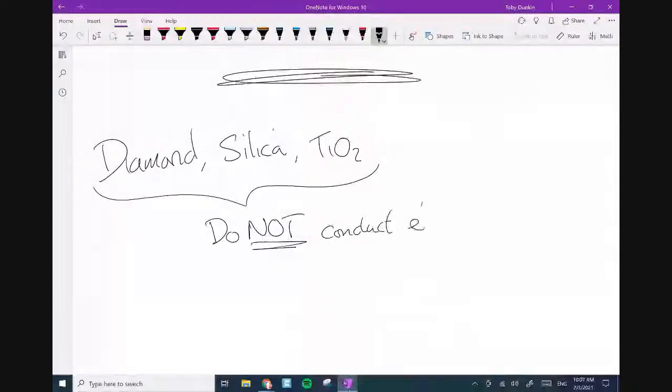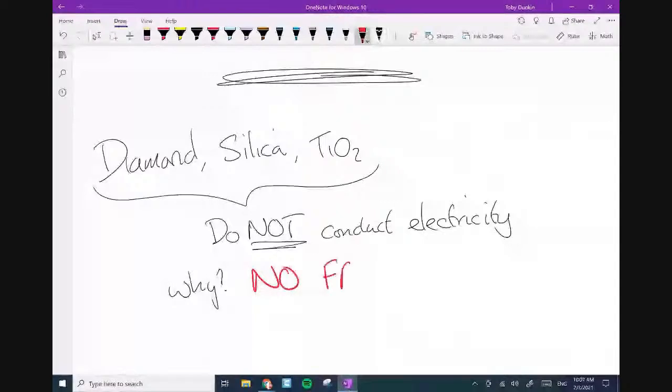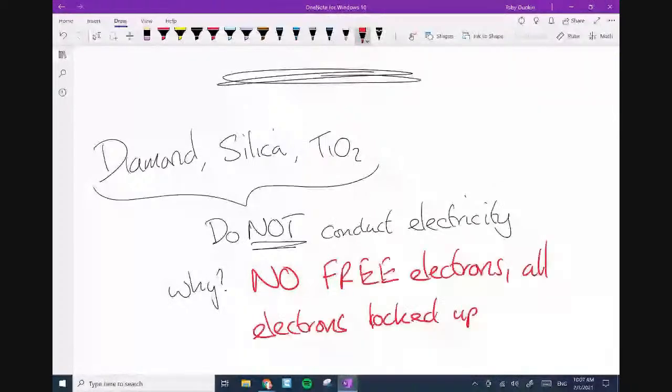And the reason why? No free electrons. All electrons locked up in bonds. We're done.